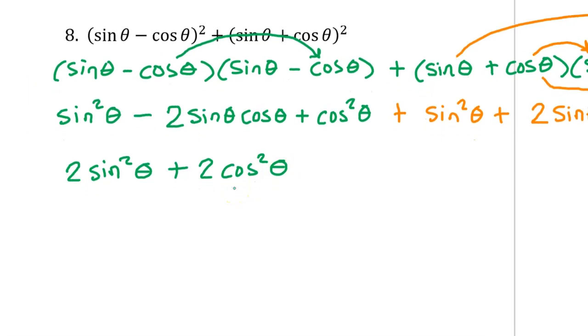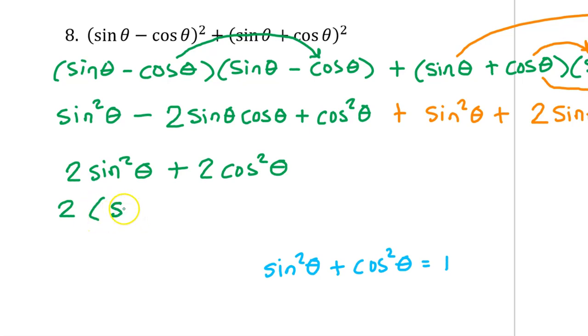But this is reminding me of our favorite Pythagorean identity, sine squared theta plus cosine squared theta is equal to 1. Except we have these 2's in here. Well, those 2's are a common factor, and we can always factor out that GCF outside of parentheses.